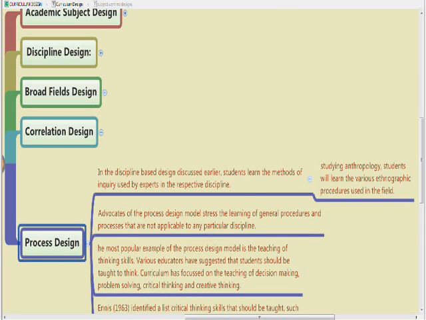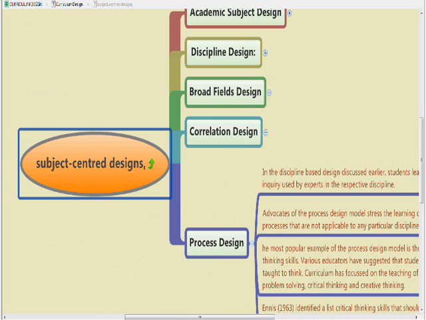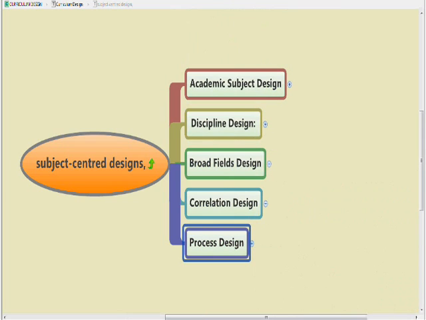So here I have, let me close this. In the subject-centered design, we have 5 approaches. That is academic. Let me tell you, generally academic is the traditional school system, right? Someone decided that these are the 5 things, or 10 things, everybody needs to know. The discipline design talks about how it could be trait based.